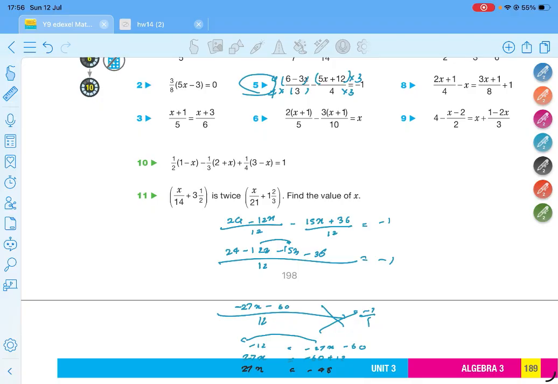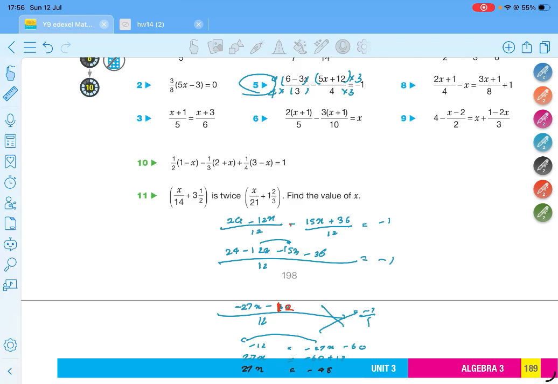No, there is no mistake, because this becomes 15x and this becomes minus 36, over 12. Right, 27x here and here. Right, I got the mistake: this is positive 24, this is negative 36, so the answer is not negative 60, negative 12.